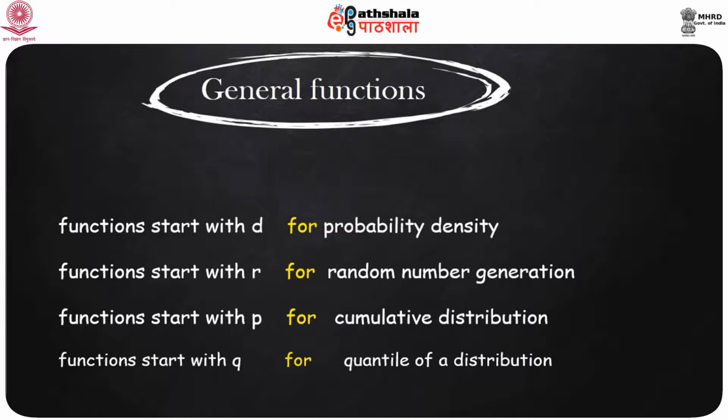The function that starts with D helps us to find the probability density of a particular distribution. The function that starts with R helps us to draw random numbers from a particular distribution.